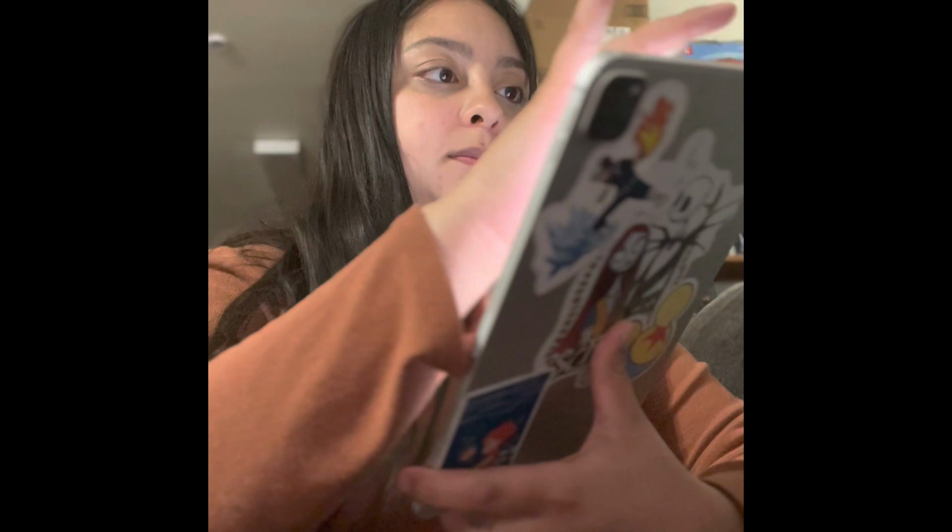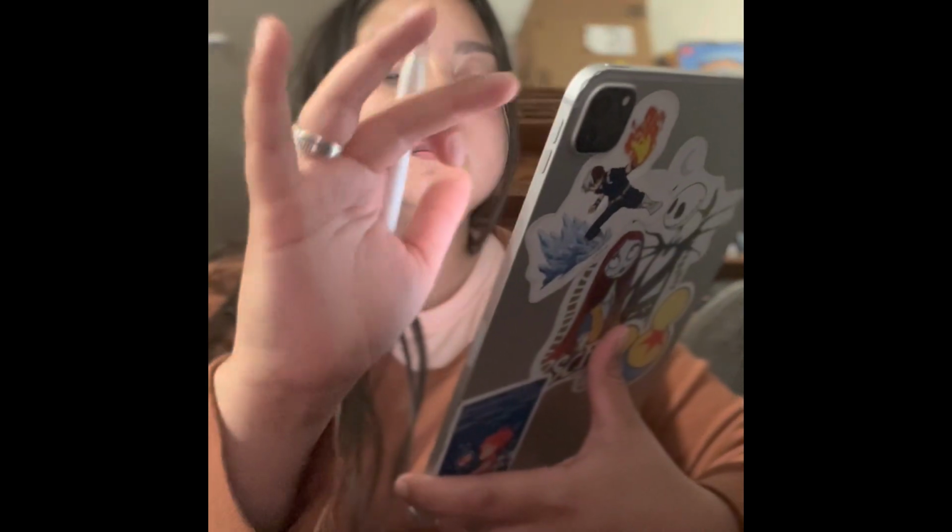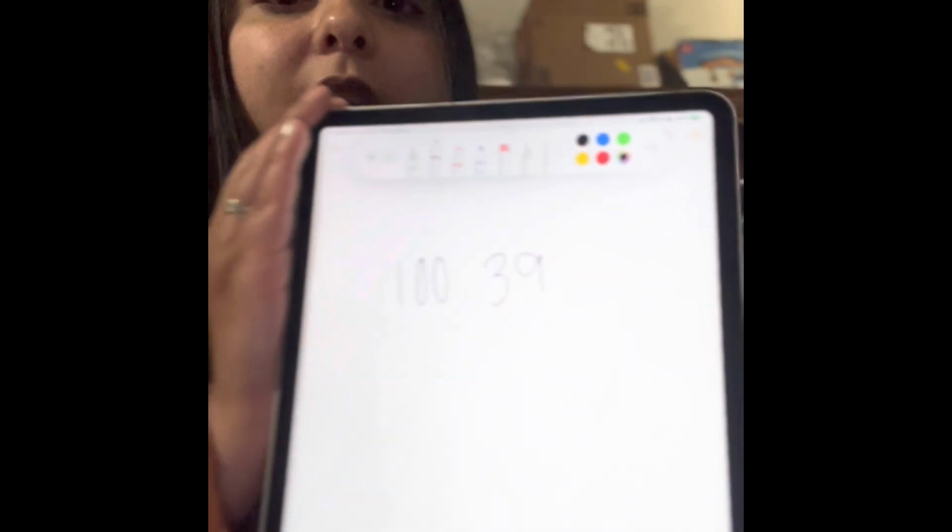So let me go to my notes real fast. 139 hundredths. You see that? Okay, so what do we do with the 8? Well, it doesn't have a decimal yet, but we have to line up our decimal when we're adding and subtracting decimals.